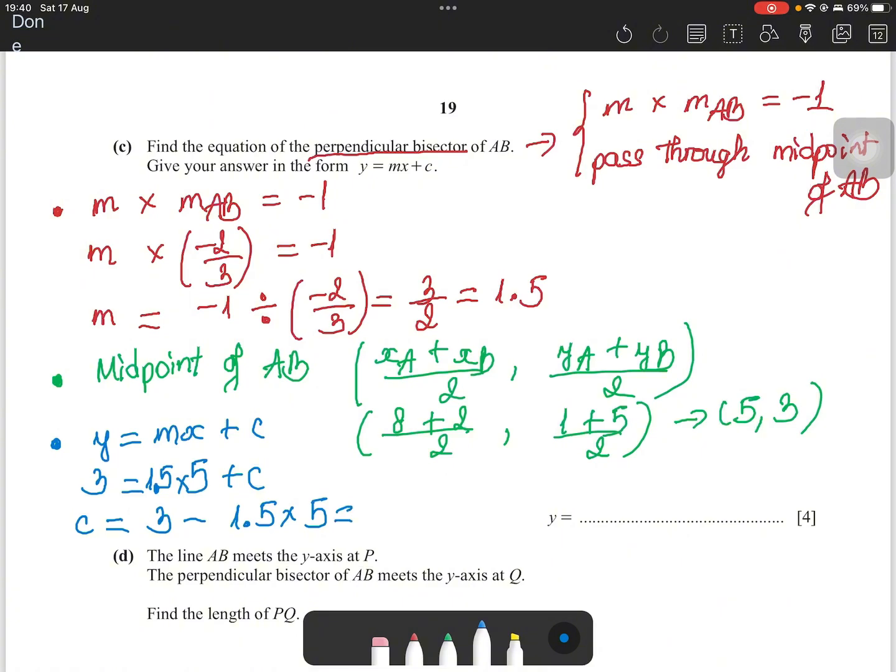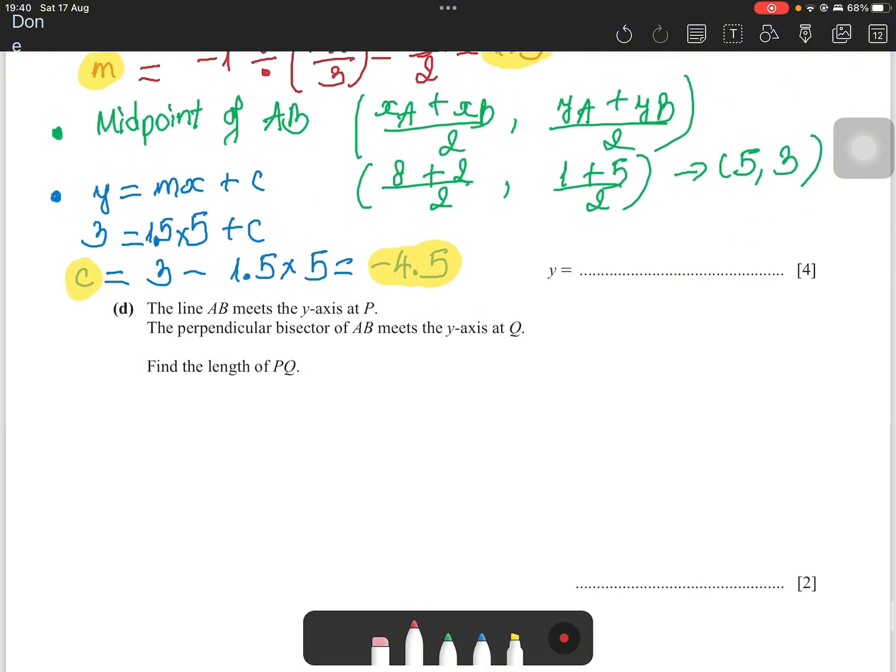So the answer is negative 4.5. And now you see that the gradient is 1.5 and the y-intercept is negative 4.5. So the answer is y equals 1.5x minus 4.5.